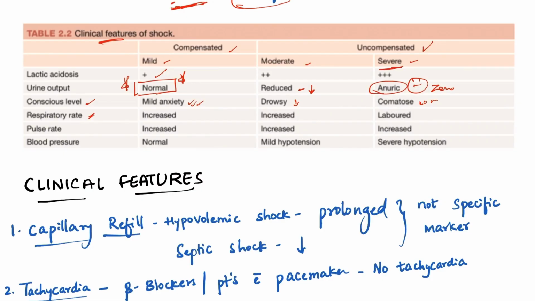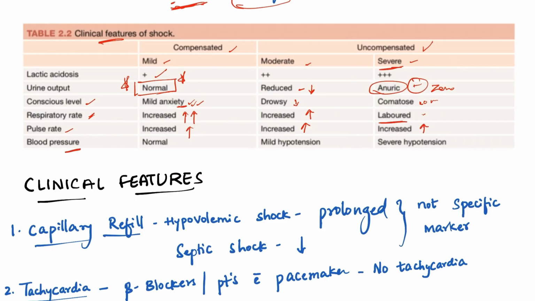In respiratory rate, due to anxiety, how does a patient with anxiety look? With increased respiration. So there will be increased respiratory rate in case of mild and moderate. But in case of uncompensated, the patient will be in labored respiration. In case of pulse rate, tachycardia will be there as the body will try to compensate.